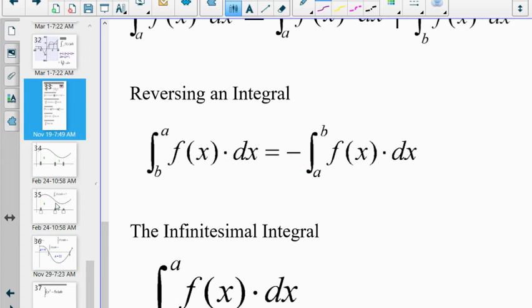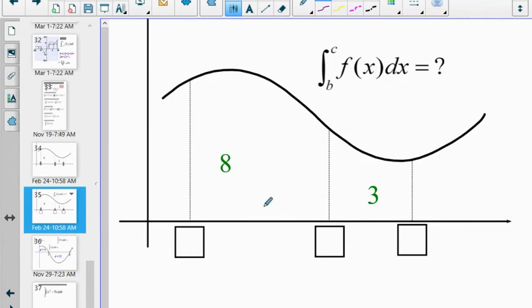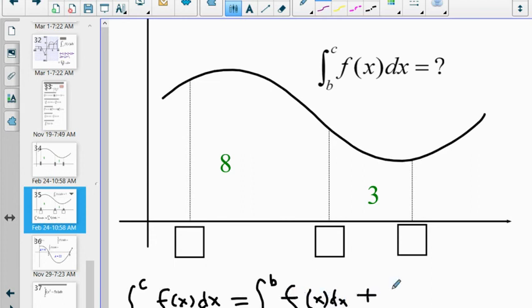And the example I like to use is this one. At least I think it makes sense to say that the integral from a to c of my function is equal to the integral from a to b of the function plus the integral from b to c of my function.